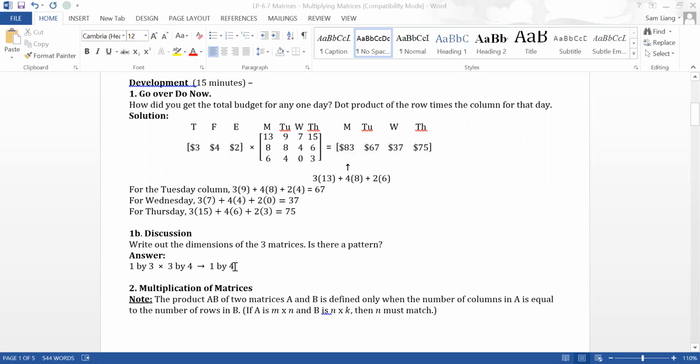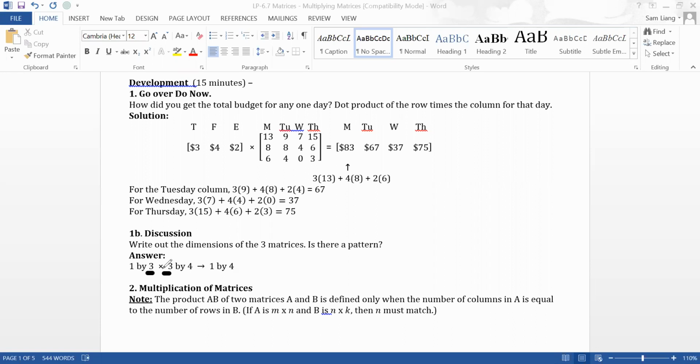So something you should notice is that these numbers in the middle are what allow us to multiply. Only if and only if these numbers in the middle are equal are we allowed to multiply two matrices.